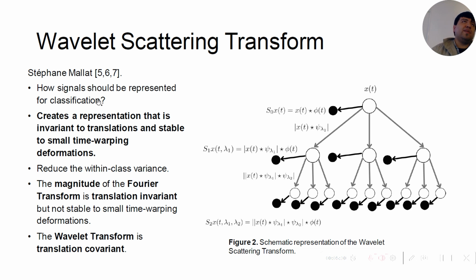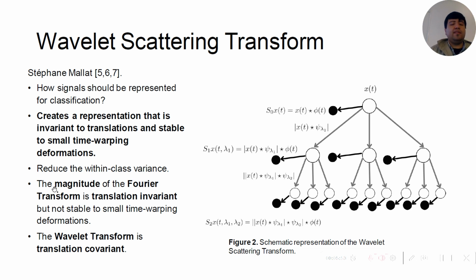So his idea was to create a representation that has two properties: invariance to translations and stability to small time-warping deformations. And if we achieve these two properties, maybe we can reduce the within-class variance of the set of signals, and maybe we can apply a linear classifier that can help us to discriminate between the two signal segments.